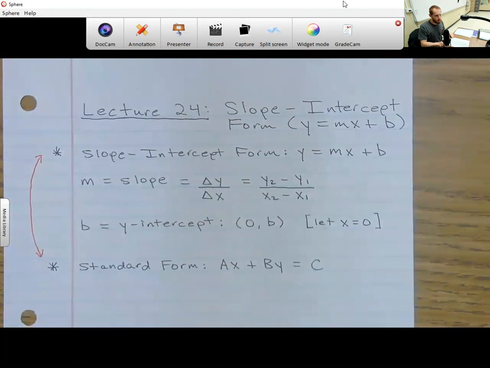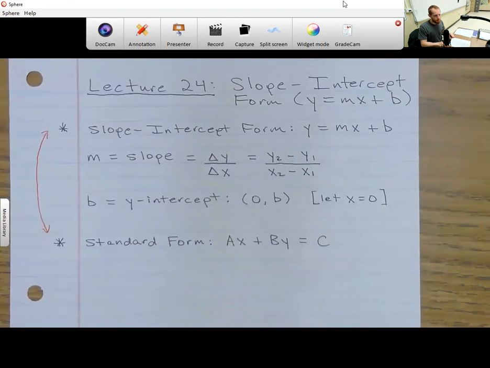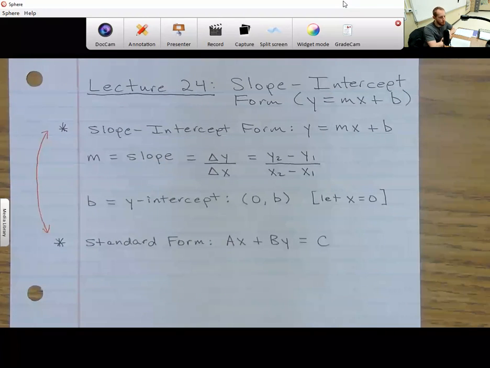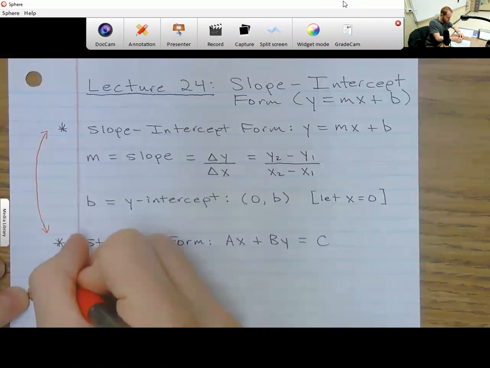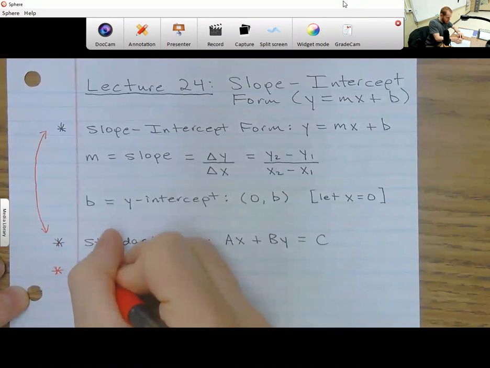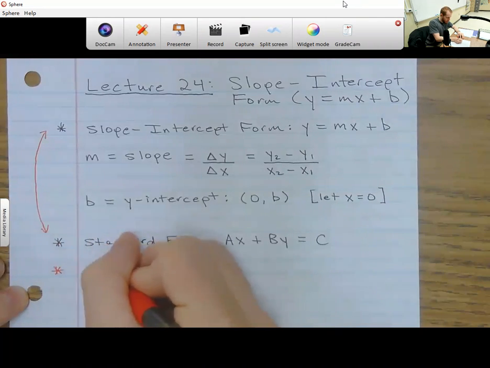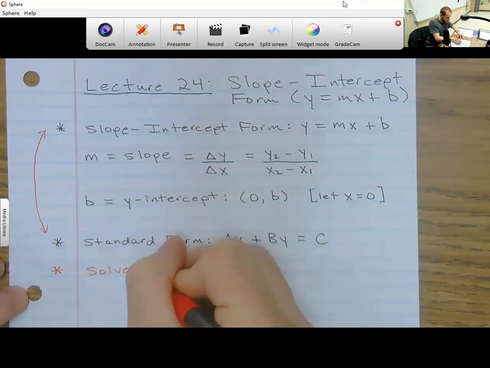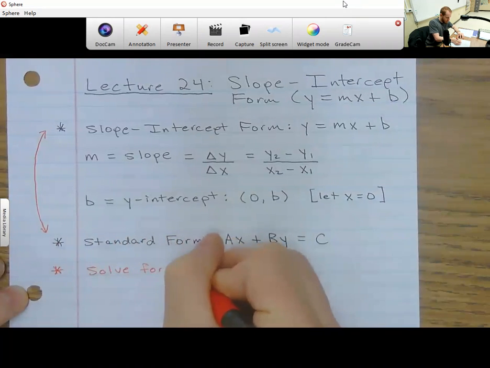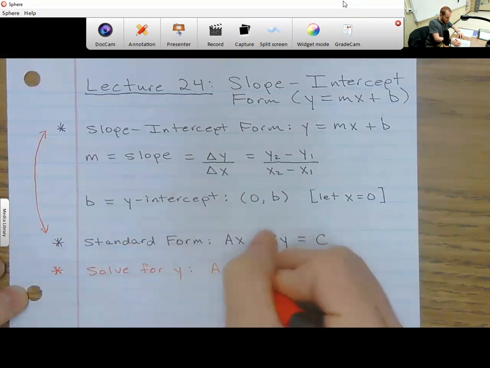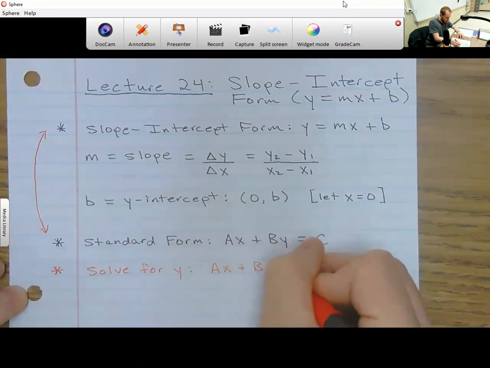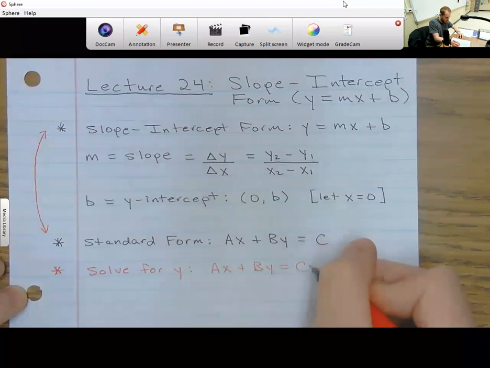Now, starting with standard form, what we want to do is get y by itself. So we want to solve for y, if we're given ax plus by equals c.